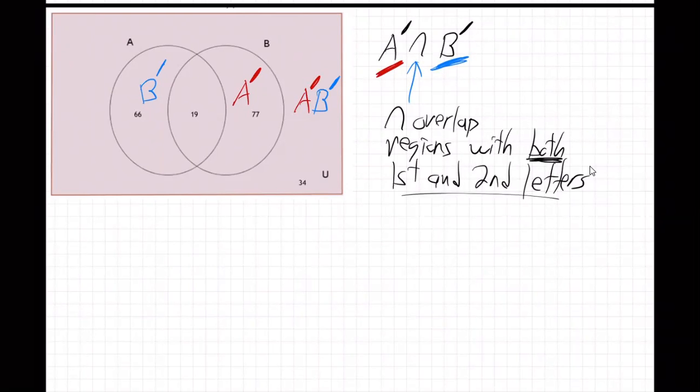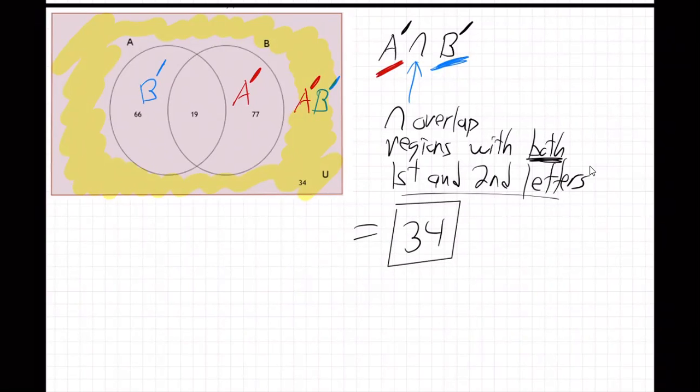That's pretty easy. That's the outside right here. So this time we do not have to do the opposite at the end because there's not an opposite on a whole parenthesis anywhere. We just did the opposite of A from the beginning and the opposite of B from the beginning and then took the overlap. So the overlap is just that. And so the answer is just the 34, isn't it? It's just that 34. That's the overlap of both.